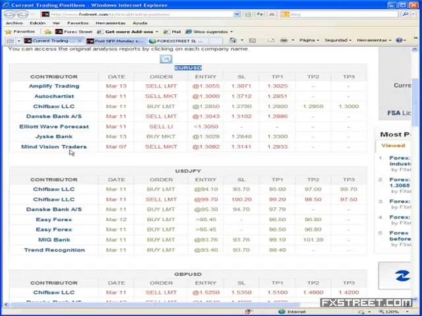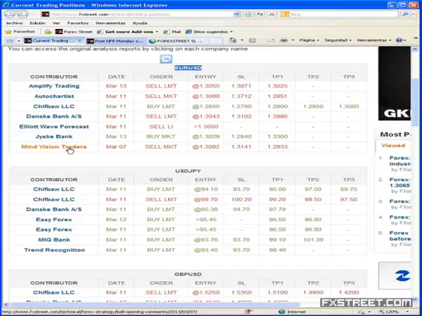And if we want to check the argument that led that particular author to post that idea, we can click on the name, and we would go to the original report where that idea is explained.